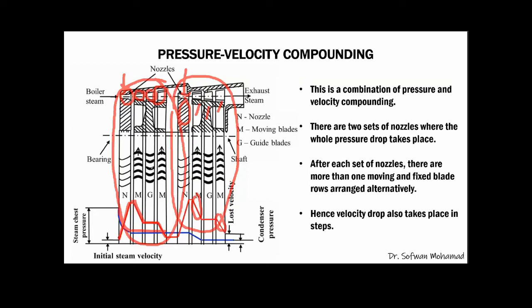So in this example, we have only two rows of moving blades and one row of guide blades in one stage. But we can have as many stages as possible, depending on the design of the whole turbine.